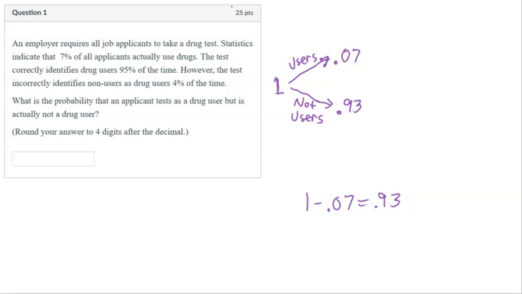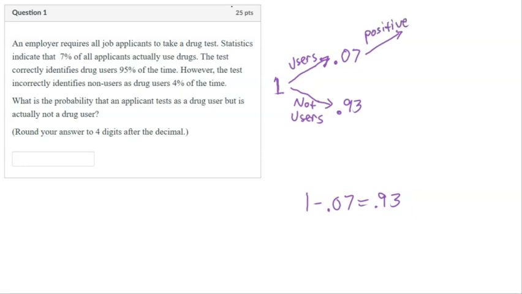Now it says the test correctly identifies drug users 95% of the time. So 95% of this 0.07, these are drug users, 95% of them test positive. So we'll put positive here.